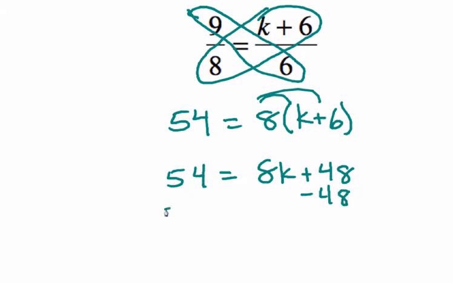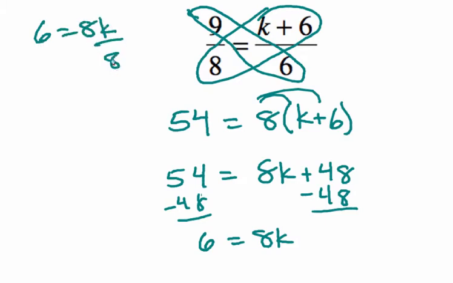Subtract 48 from both sides. Let's see, 54 minus 48, we're going to get 6 equals 8k. So 6 equals 8k. Divide by 8 on both sides. On the right, that cancels. So k equals, let's see, 6/8 is really 3/4, so k equals 3/4.